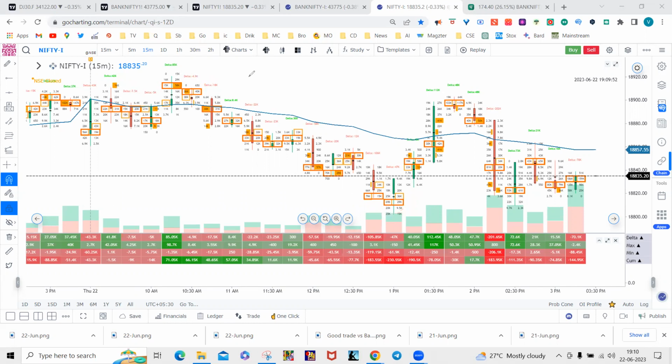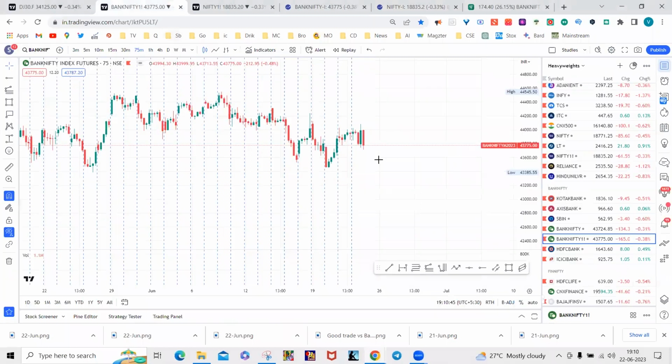So yeah, that's it. Overall, coming to Bank Nifty, the price is just held within this strong support zone, and this resistance, I want this to break initially.